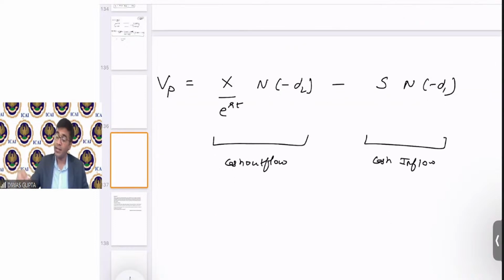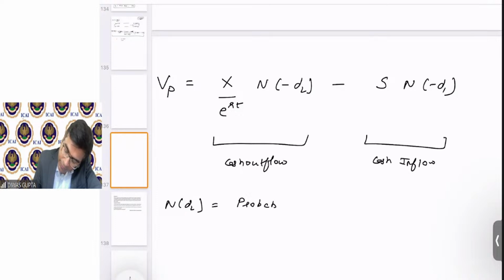So students, while discussing N(d2), I said, what is N(d2)? N(d2) is the probability that price will be higher than strike price.